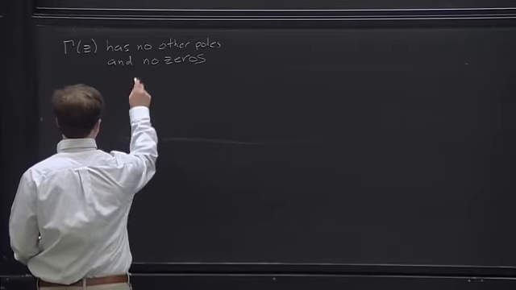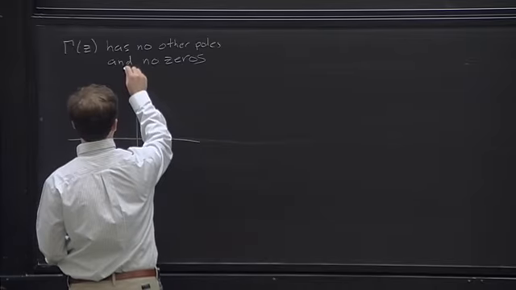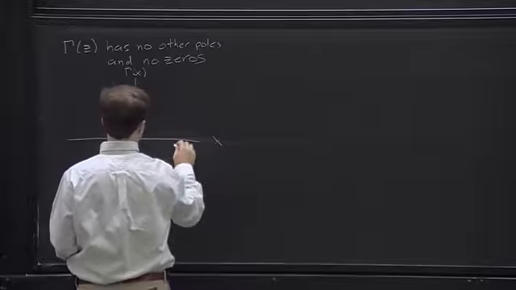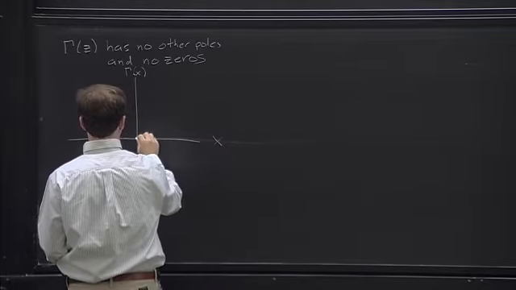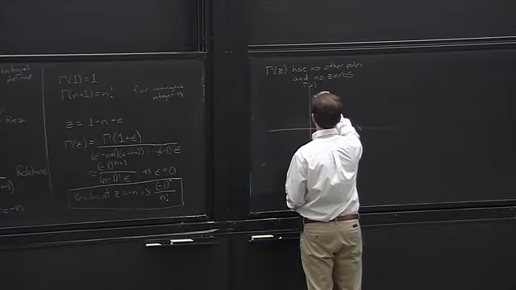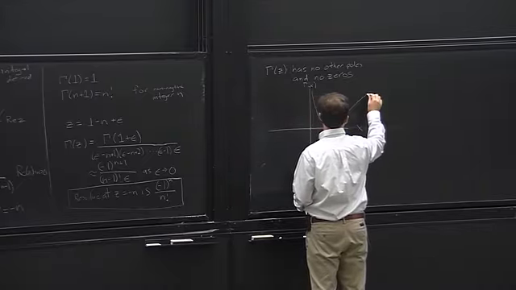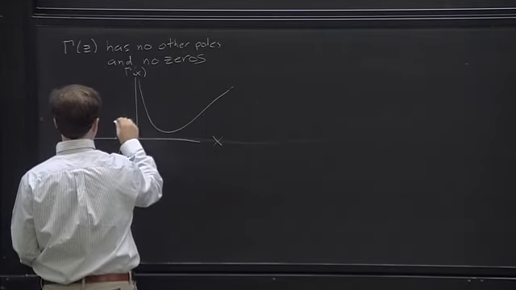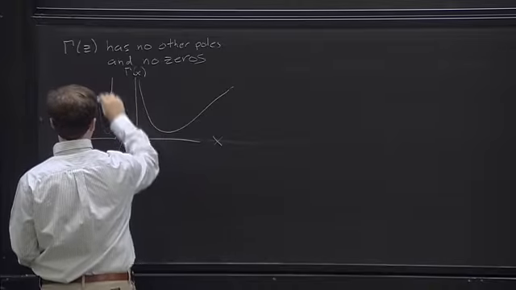So if we sketch a plot of gamma of x versus x for x real, it'll look something like this: there's a pole at 0, it goes to infinity over here, and then it switches sign. Pole, something like this.